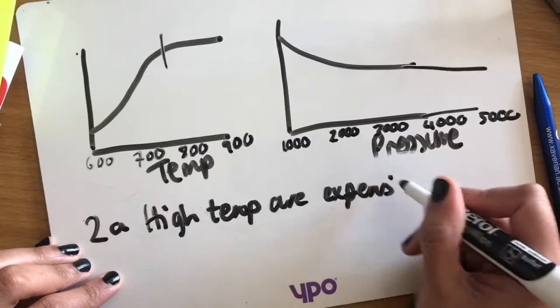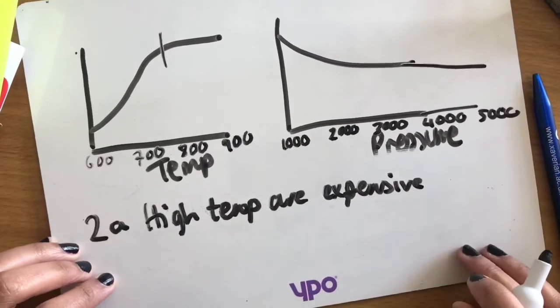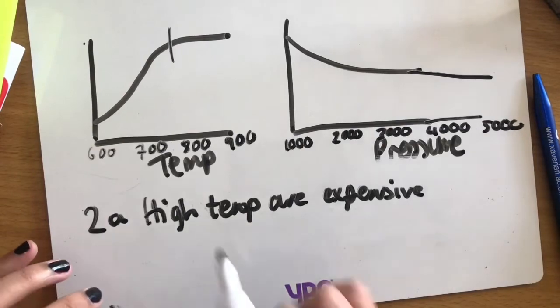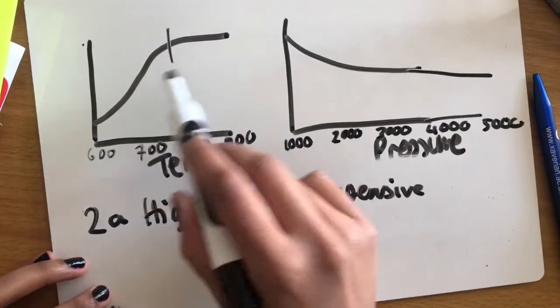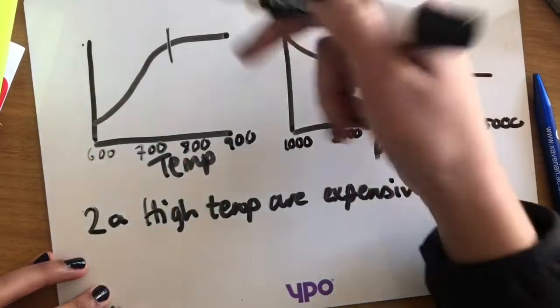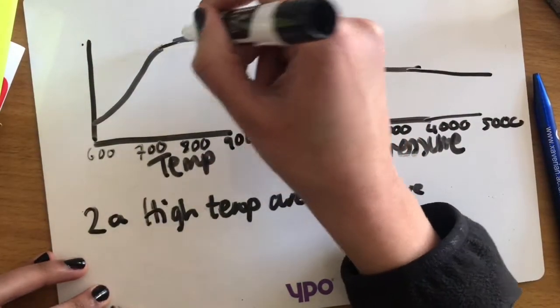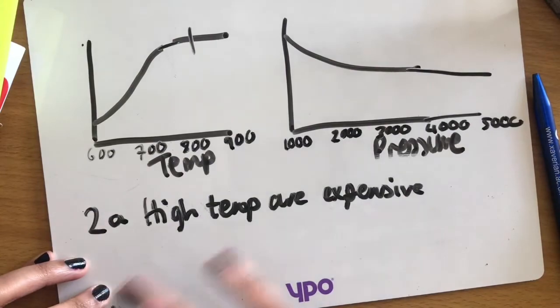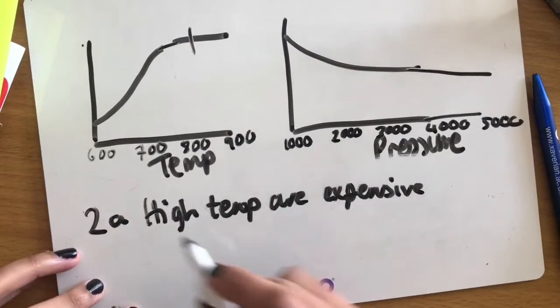They're expensive to generate. The equipment to withstand high temperatures is expensive as well. The other thing then is there's no point in having a really high temperature, because after we said it was around 880, it plateaus. There's no longer an increase.